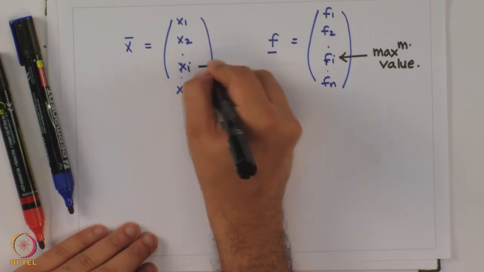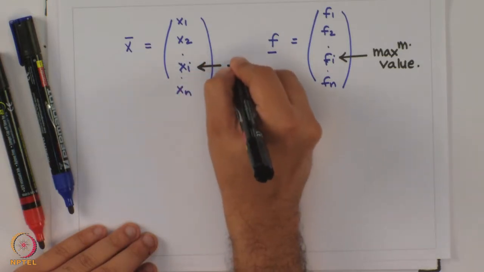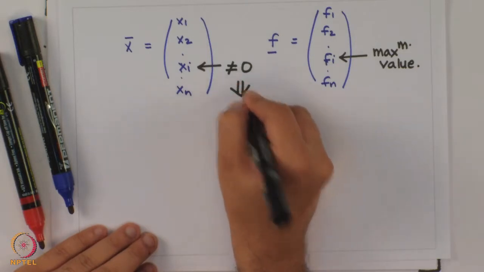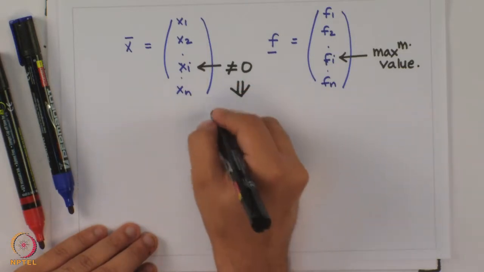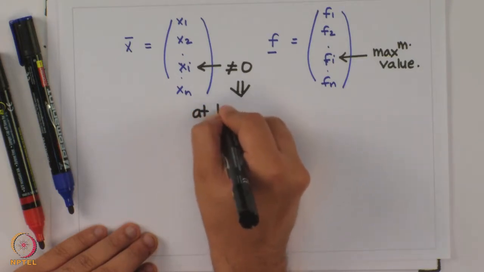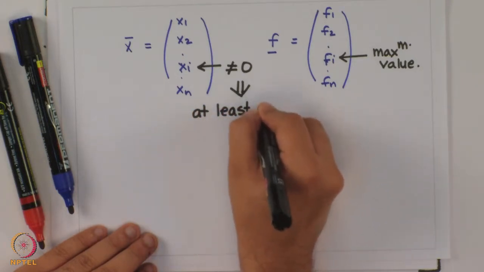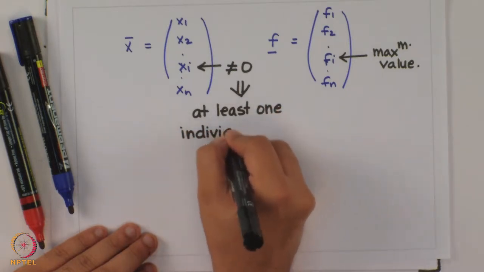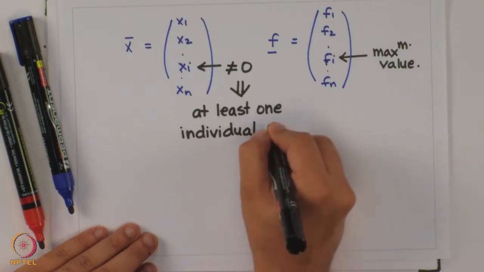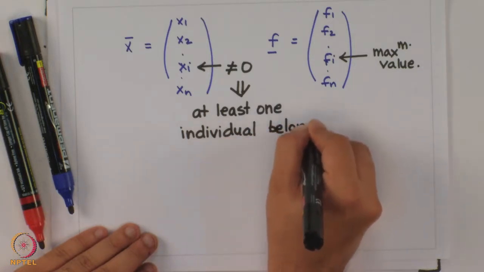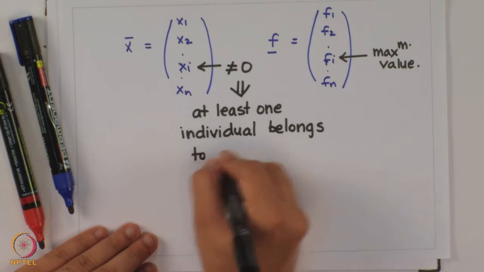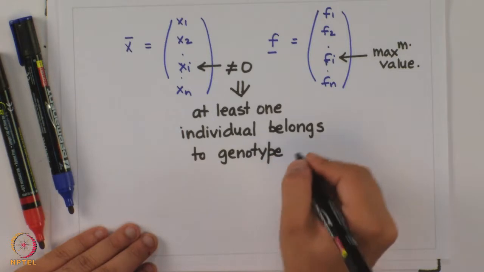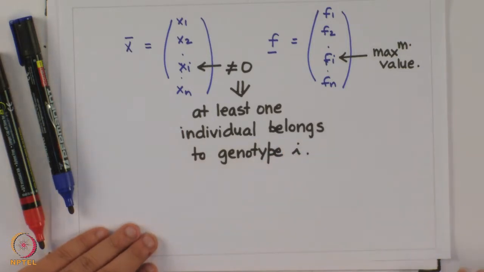And this xi is not equal to 0, which implies that at the beginning of the experiment, there is at least one individual which belongs to genotype i. So, it is not as if there is no individual in the population which belongs to genotype i.